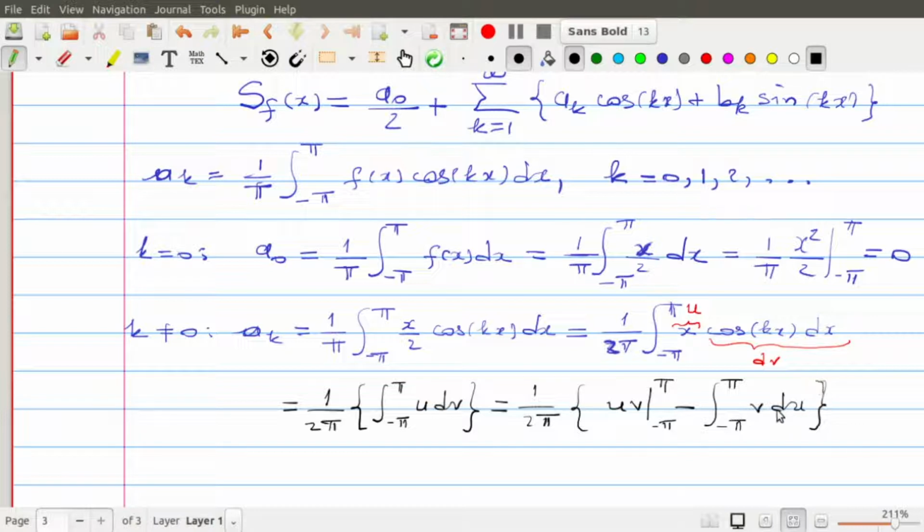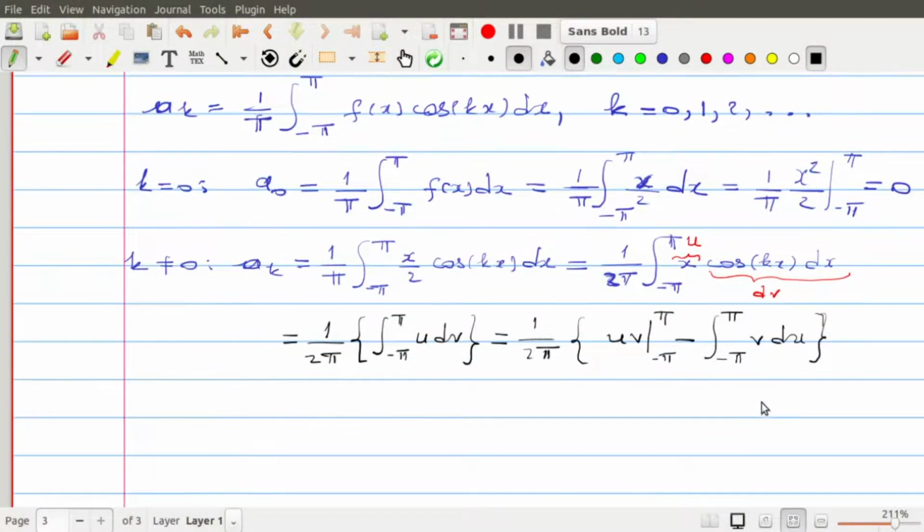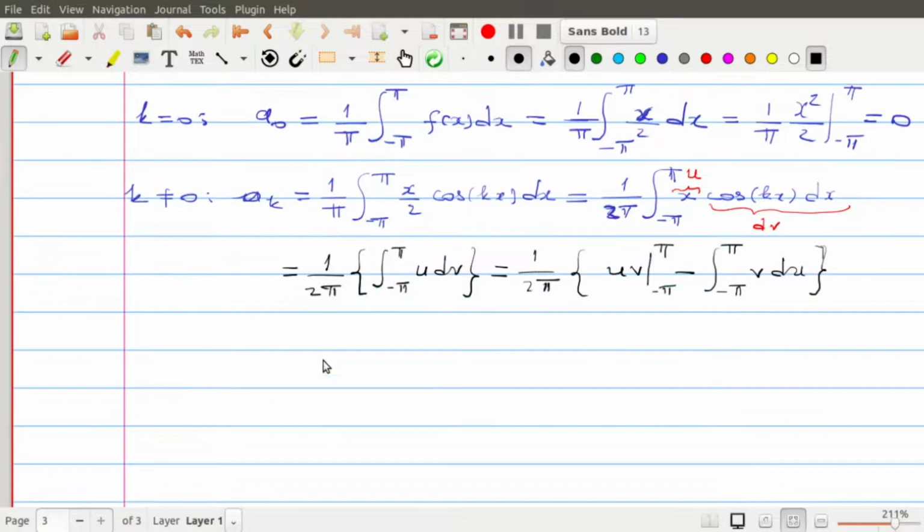Right. So we can compute this directly. We know already the value of u. U is x. So this is 1 by 2 pi, factor. Okay, so u is x.